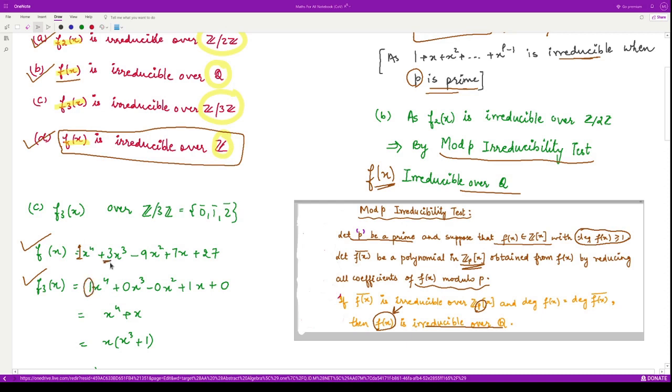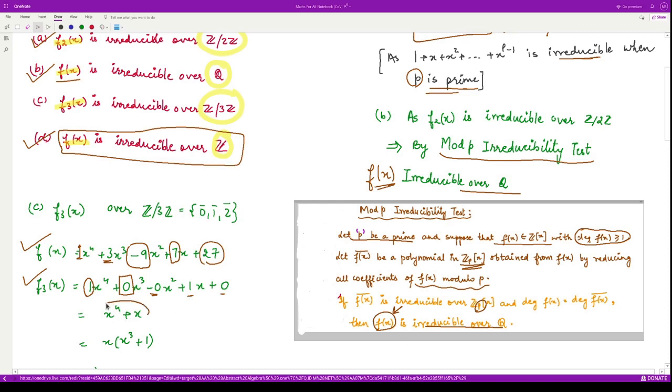The second coefficient is 3. When you divide 3 by 3, you get the remainder 0. When you divide minus 9 by 3, you again get the remainder 0. When you divide 7 by 3, you get 1 as the remainder. And when you divide 27 by 3, you get 0 as the remainder. So our polynomial is reduced to x to the power 4 plus 1.